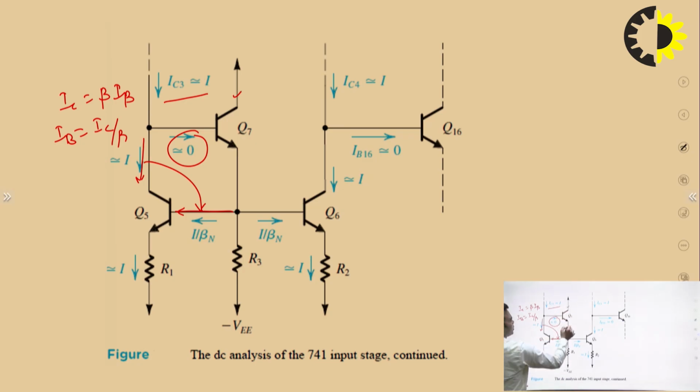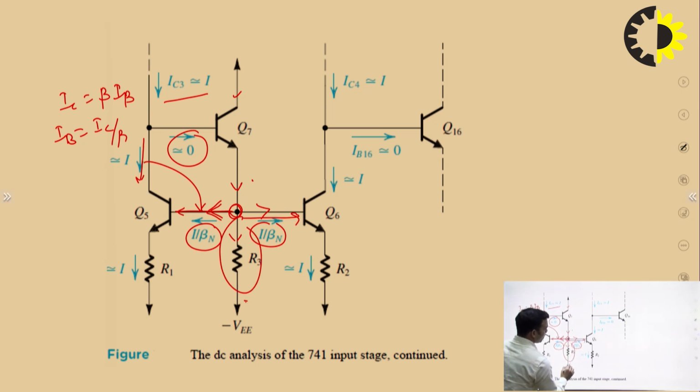If I talk about IC7, see, this is IC7. This current will also be almost equal to this current. And this current will be equal to what? This is something we need to take care of, because a somewhat different concept will be applicable over here. Apply KCL at this node: this current will be equal to the summation of this plus this current. These two currents are I upon beta plus I upon beta, that means 2I upon beta, plus this current. This current will be equal to the voltage across this resistor, and the voltage across this resistor will be the voltage across these two branches.